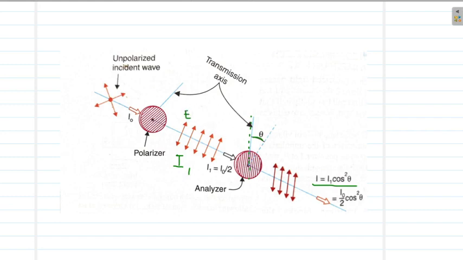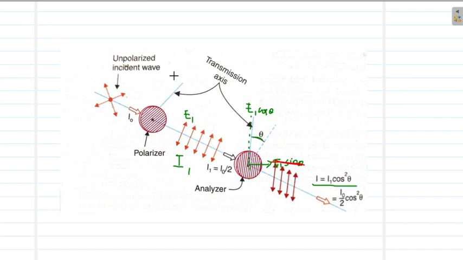Now let E1 be the magnitude of the electric field of this incident ray. Then we can split it into two components. One is E1 cos theta and the other one is E1 sin theta. And the analyzer will be cutting out this E1 sin theta component, and the E1 cos theta component of the electric field will be passing.